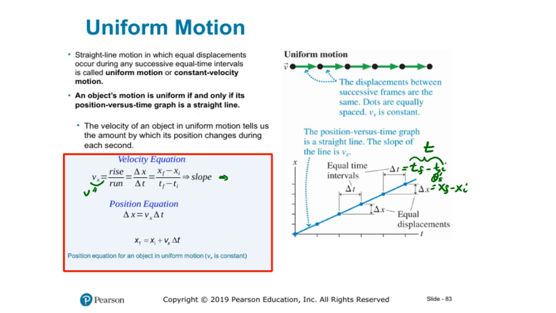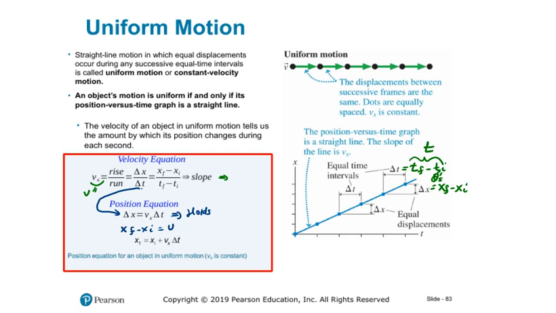Anyhow, so this is slope, this is velocity. And using this equation, I can derive a new equation. So from here to there, I can multiply each side by delta t. Delta t cancels here, and I'll have delta x on the right is equal to vx delta t. Always holds.